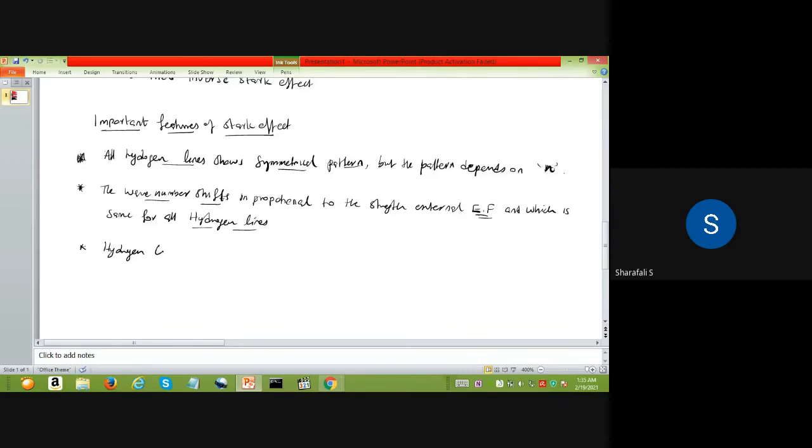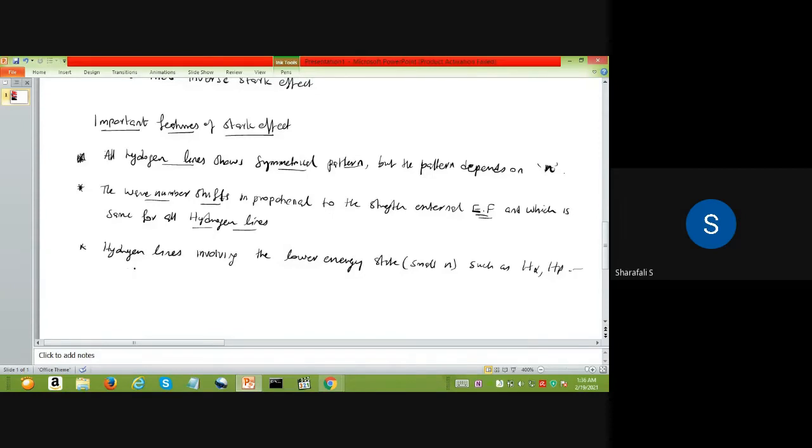The hydrogen lines involving lower energy states, meaning small principal quantum number n, such as H alpha, H beta lines, etc., show only symmetrical splitting proportional to the electric field about their original line position.